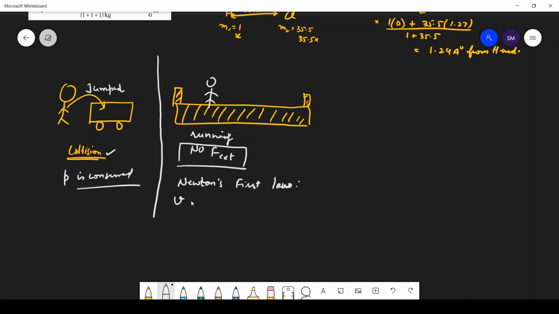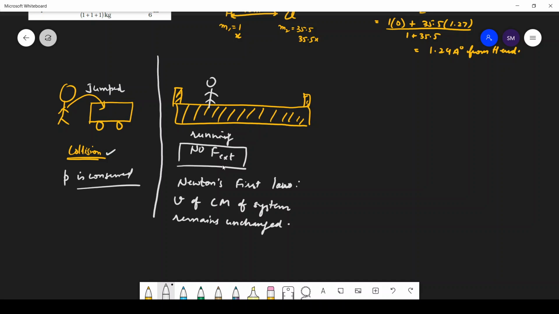So the speed of the center of mass of the system, wherever it is, remains unchanged. Why? Because no external force is acting on the body.